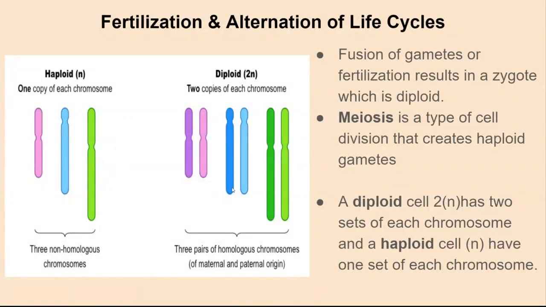Now, we also have to talk about haploid versus diploid. I mentioned when I talked about mitosis that all of your somatic cells have 2 copies of DNA. We call this diploid, or 2N. In humans, we have 46 chromosomes, or 23 pairs of chromosomes. So you remember that distinct X shape.